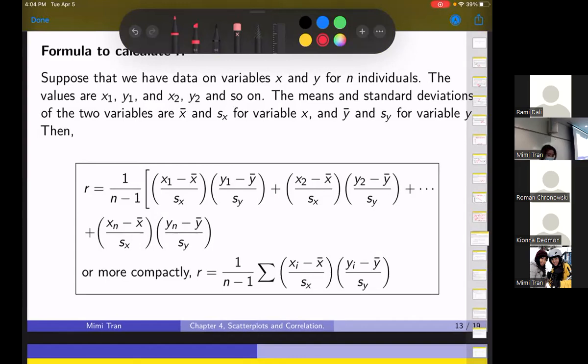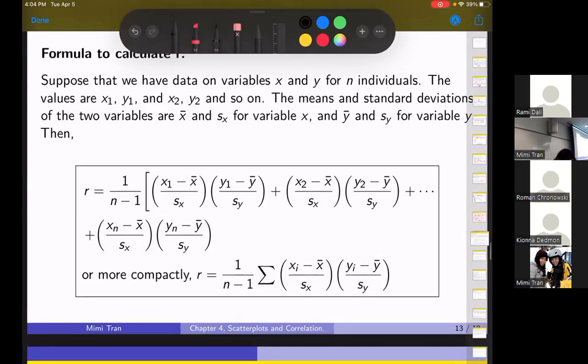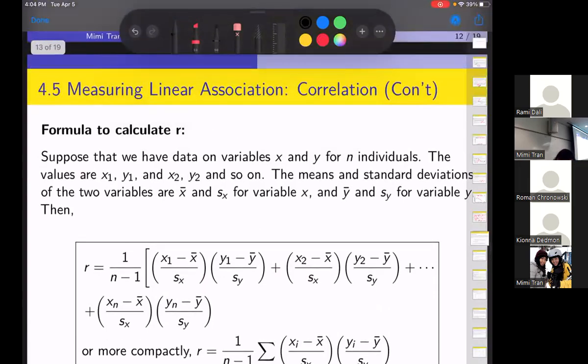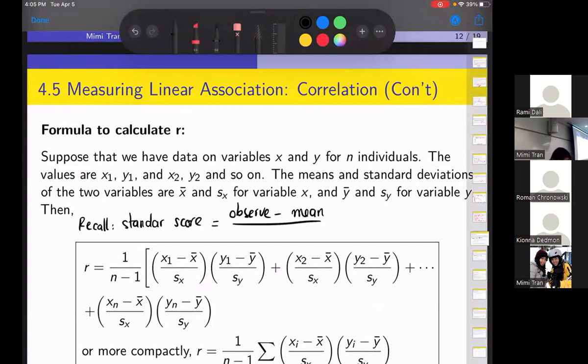Do you guys remember the standard score formula? Let me recall. It's equal to the z-score: observed minus the mean, divided by standard deviation.